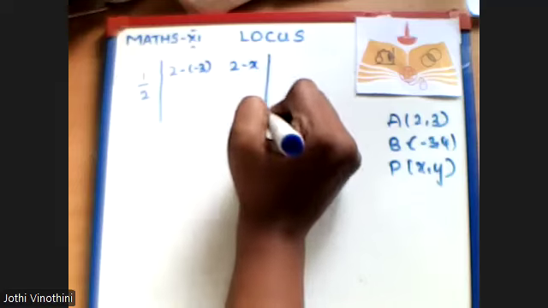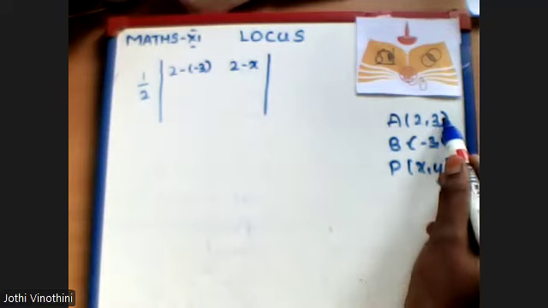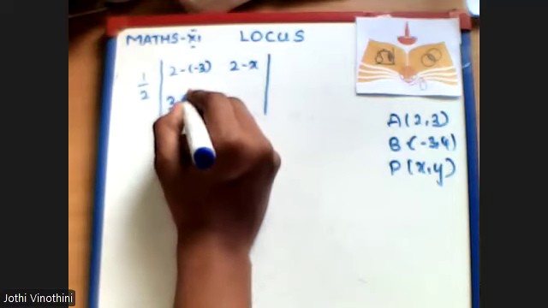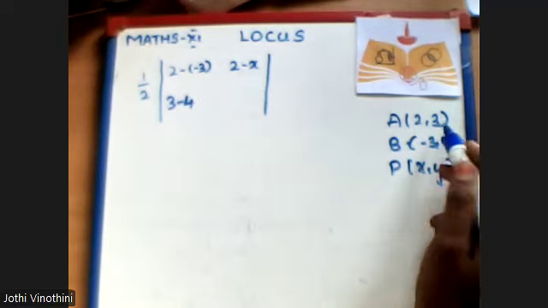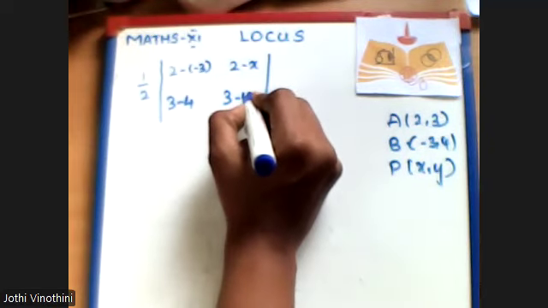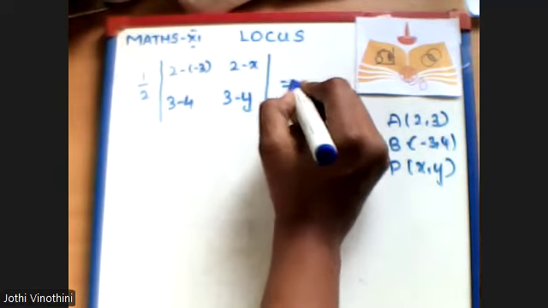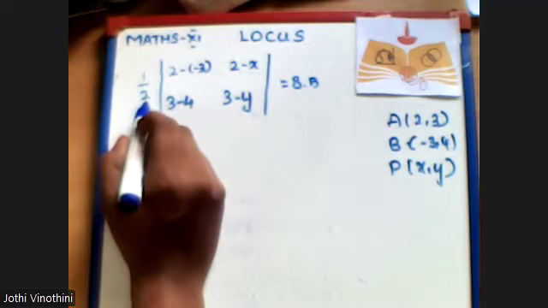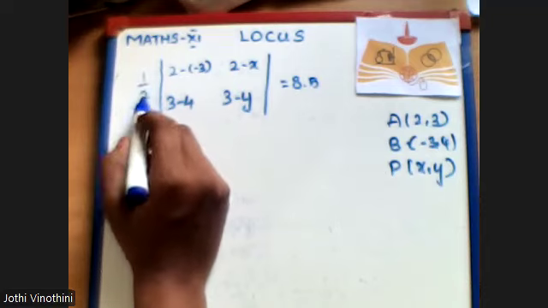Like that. y1 minus y2, so it will be 3 minus 4. Again, y1 minus y3 will be 3 minus y, which equals 8.5.